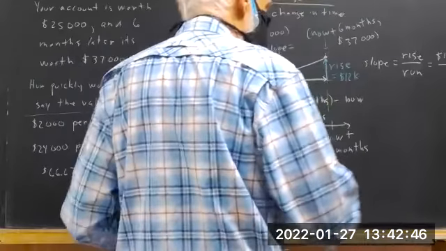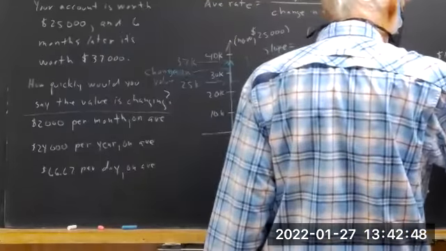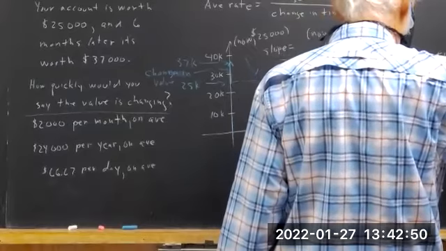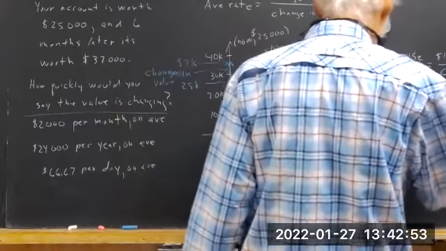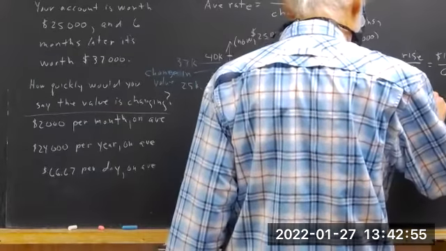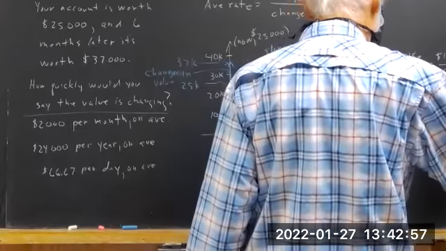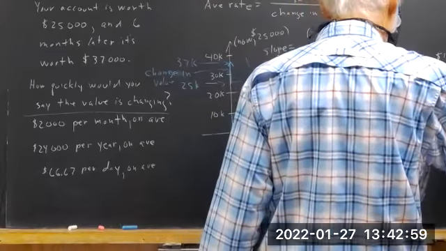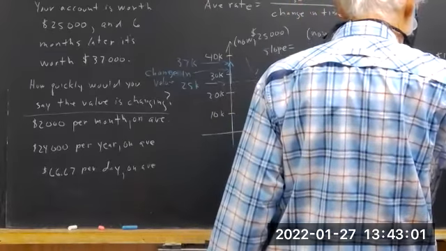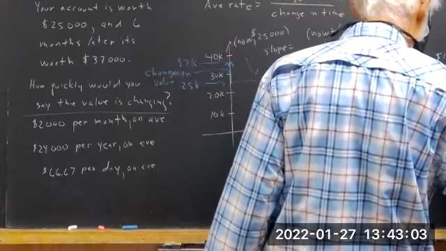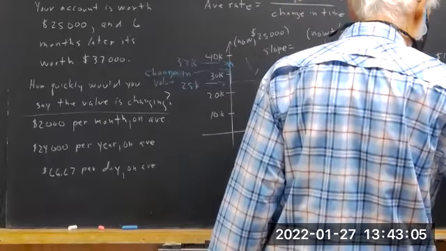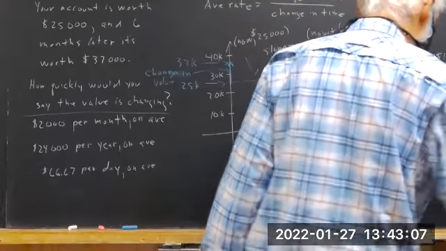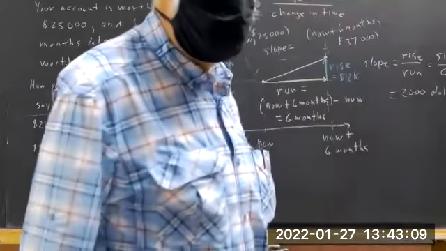So $12,000 over 6 months. I don't have room to write more. Anyhow, that's dollars over months, right?